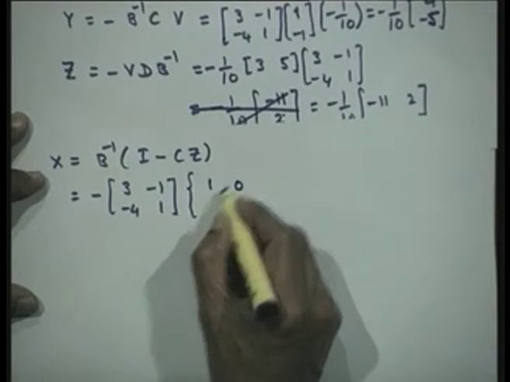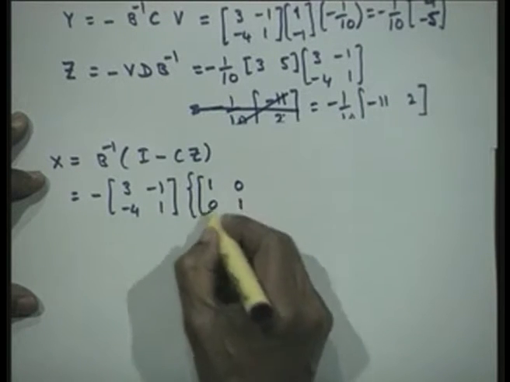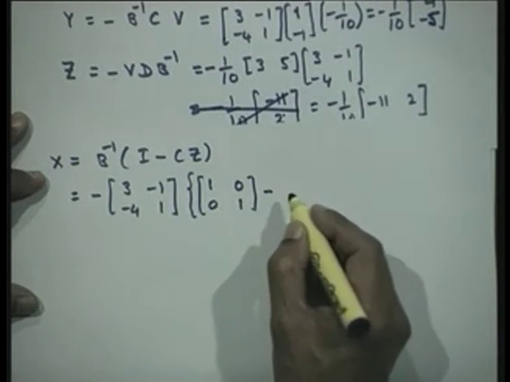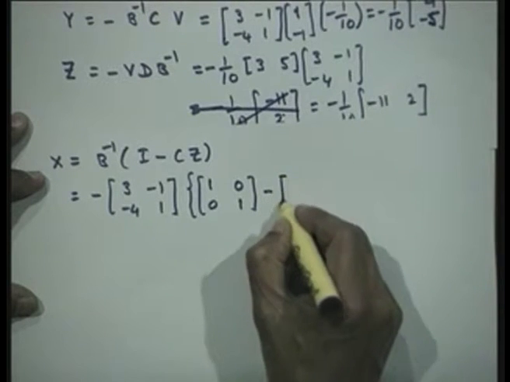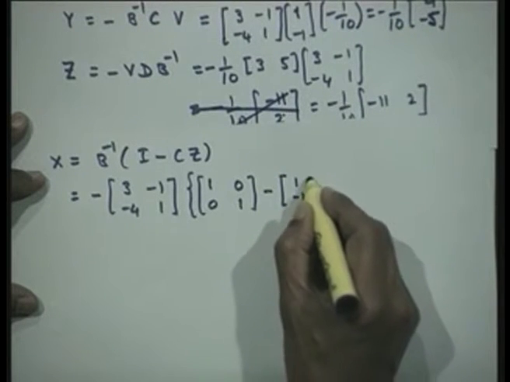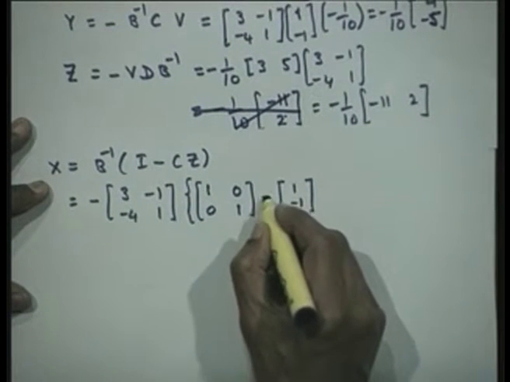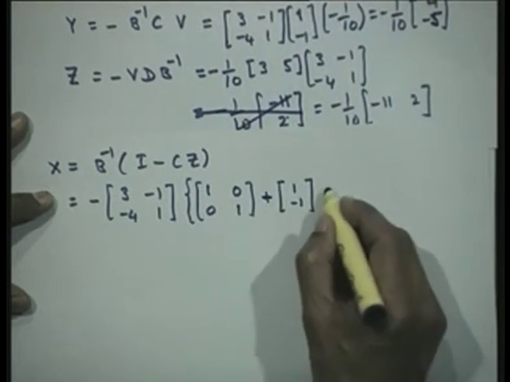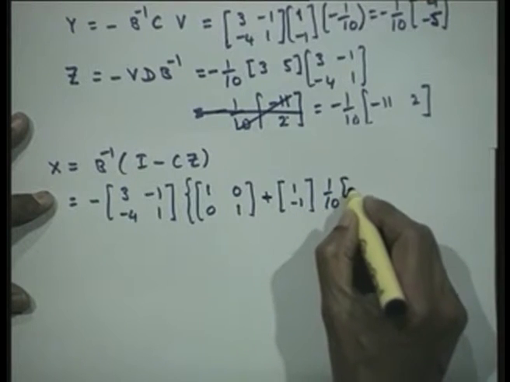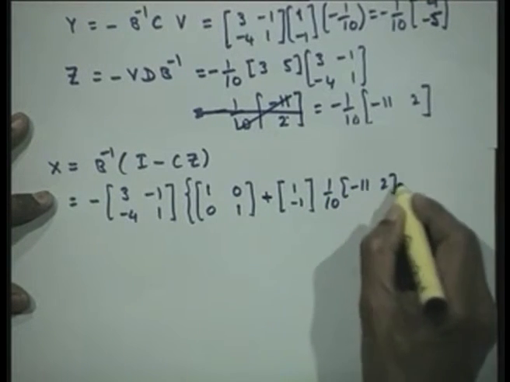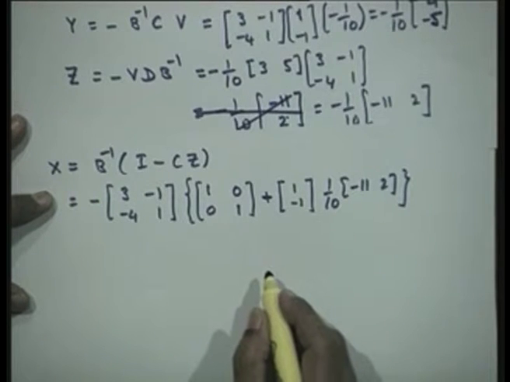I is 1 0 0 1, minus C, C is 1 minus 1 minus 1, and Z we have just now computed, that is, let us make this a plus sign. So, we have 1 by 10 minus 11 2 minus 11 2.